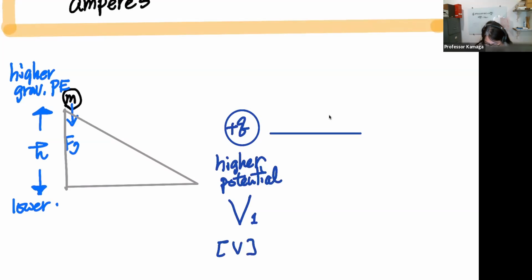It moves from high to low, to lower potential, V2.